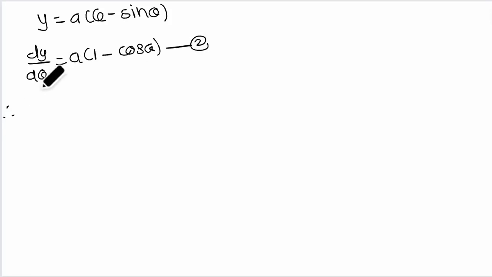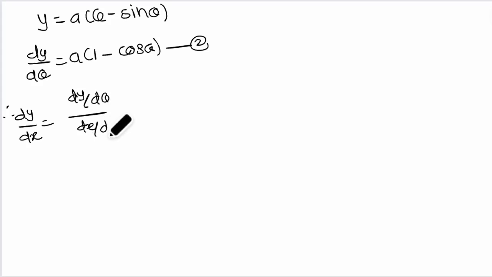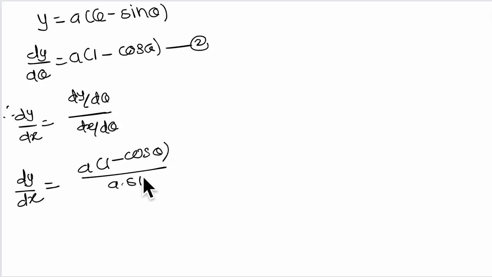So guys, from equations 1 and 2, dy by dx equals dy by d theta whole divided by dx by d theta. So substitute the values. dy by dx equals a into bracket 1 minus cos theta upon a into sin theta.